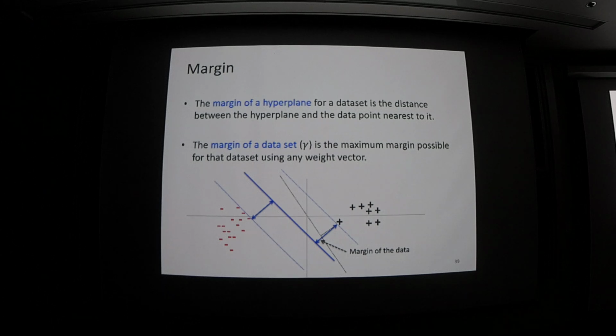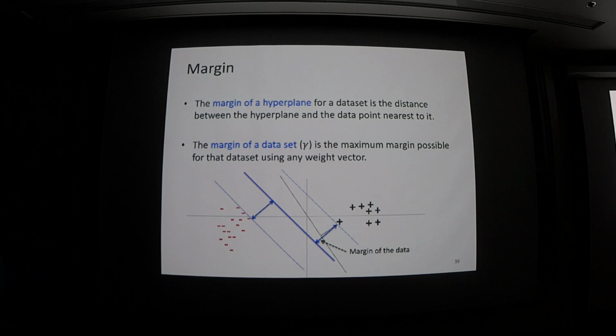Well, I guess I just think about it as, in this case it literally is distance, but in general it's the separation between positive and negative labels. Yeah, exactly right. So you can imagine that the larger the margin, the farther away the positive examples are from the negative examples.